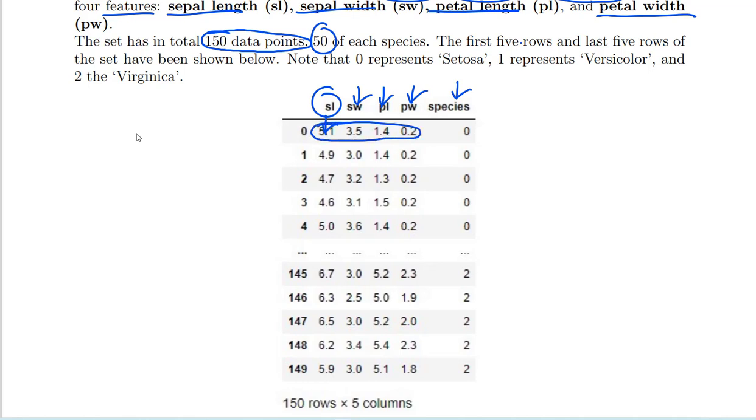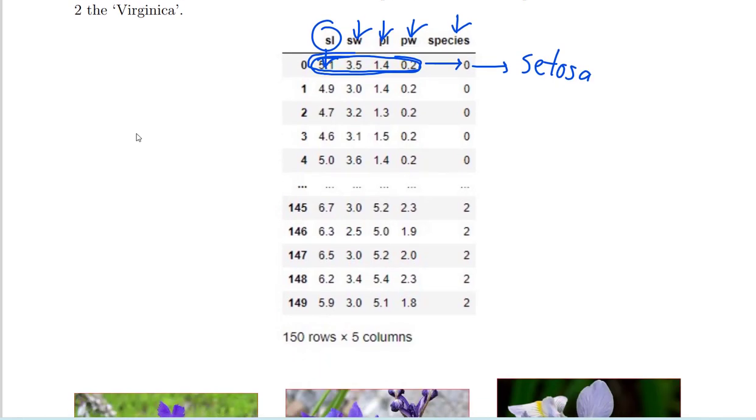Suppose this feature vector belongs to class 0, so 0 means Setosa, and there are species which are indicated by ones, and 1 means it is Versicolor, and 2 is Virginica.